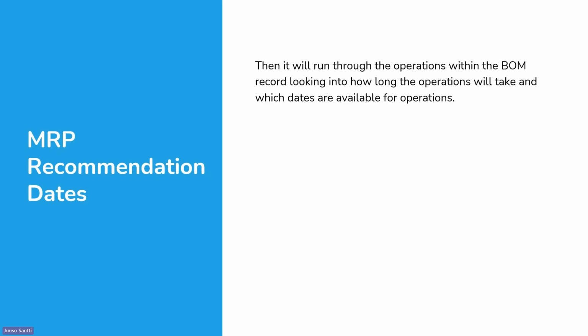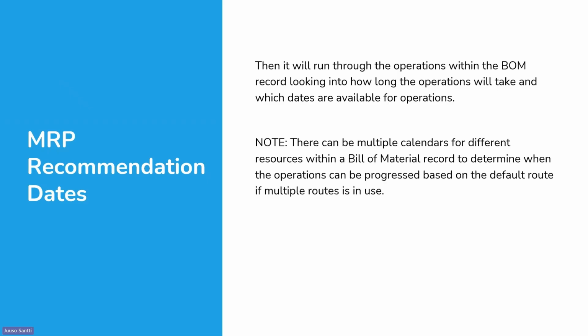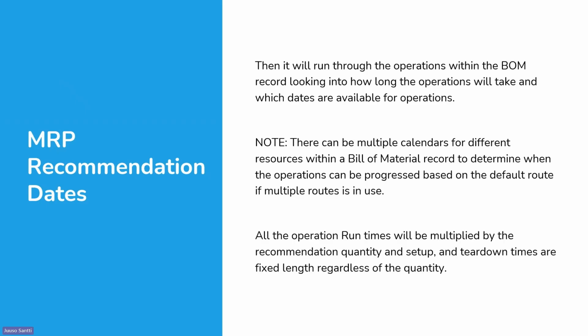Then it will look into the bill of material record, break it down and have a look at how long the operations will take. And we have to note that there are multiple calendars available in Cim200 where you can set, okay, these operations can only be done on a Saturday, only on a night shift on a Wednesday, only on a Monday to Wednesday schedule, and MRP will take those calendars for individual operations on the resources into account.